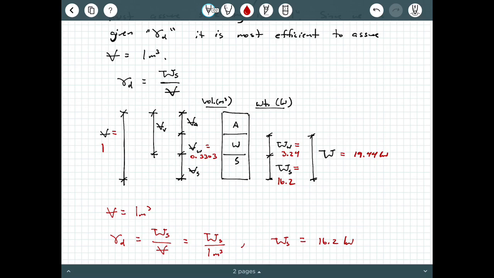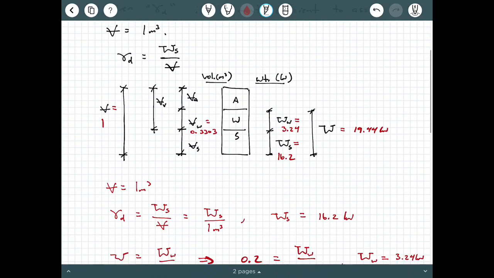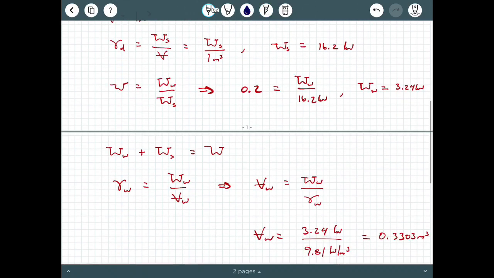Now, what can we get next? Well, if you look at our volume dimension lines, can we combine or repackage anything conveniently? So at first glance, it seems like there's not much we can do right now. However, what did the first line of the problem statement tell us? A saturated soil, okay? So what does that imply? Let's write this down. I'm going to change colors here.